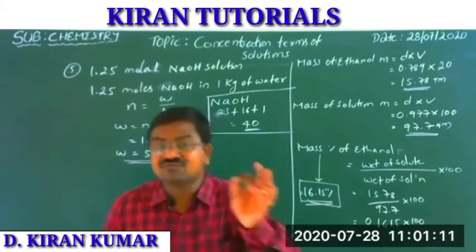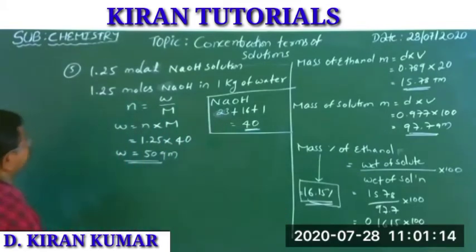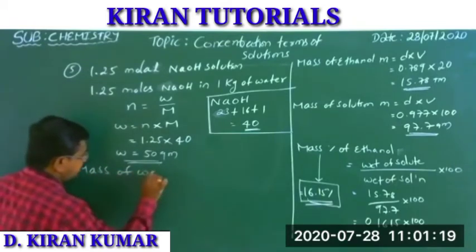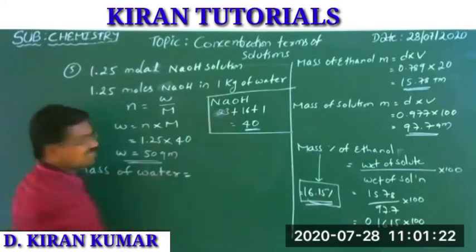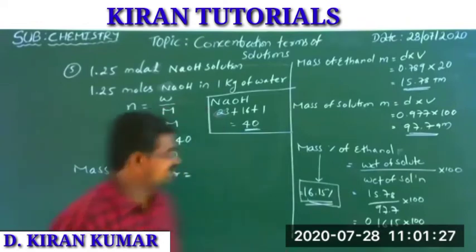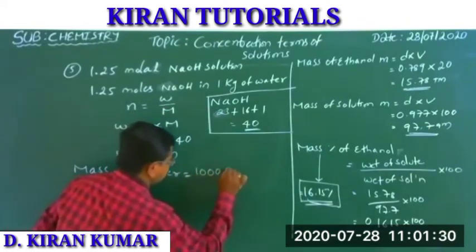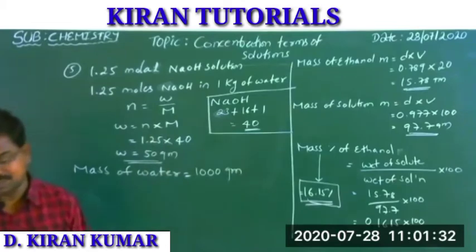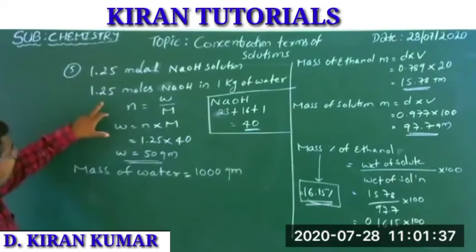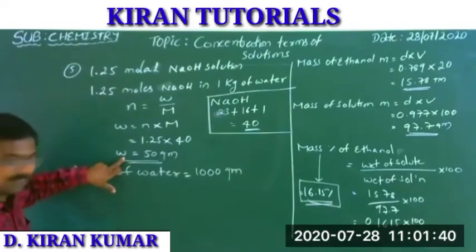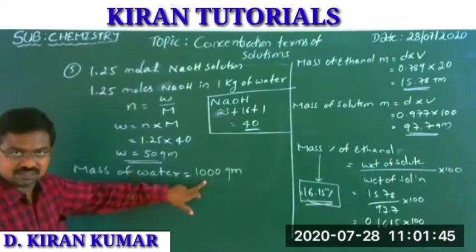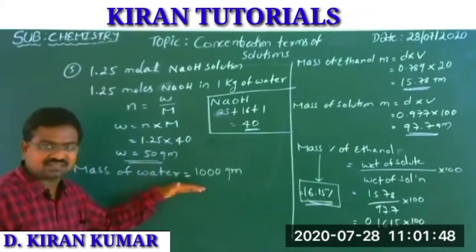Then mass of water. What is the mass of water here? 1 kg of water, nothing but how many grams are present? 1000 grams are present. Clear? Then, what is the mass of the solution? Here, mass of solute is 50 grams, mass of water is 1000 grams, nothing but solvent.